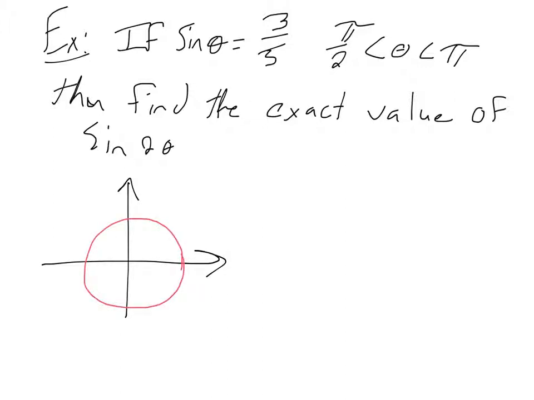Open up our angle, which we know is going to be in the second quadrant. So our angle is in the second quadrant, right? And so we can make our reference triangle, and if sine theta is equal to 3 over 5, then instead of being in the unit circle, we're going to have this be in a circle of radius 5, right?